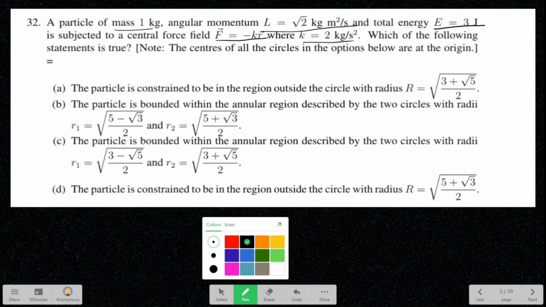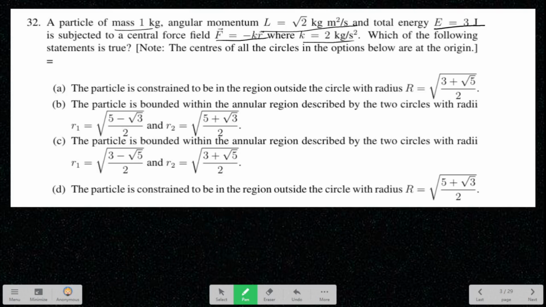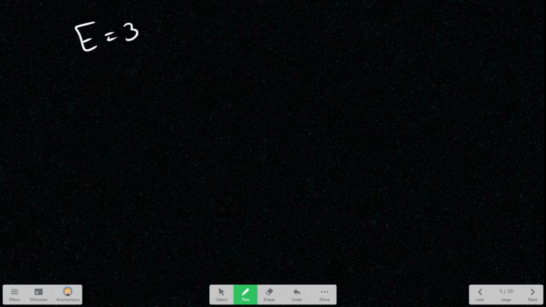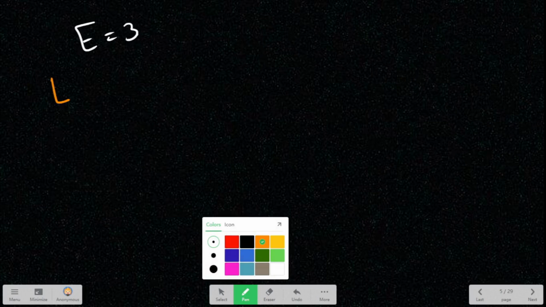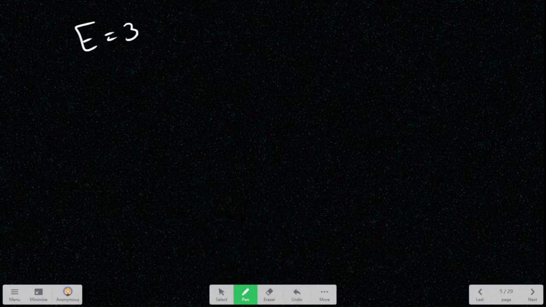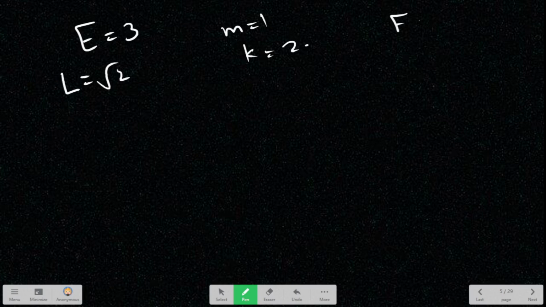Since everything is given in SI units, I am not concerned about units, I will just write the values. So E is equal to 3, L is equal to root 2, M is equal to 1, K is equal to 2, and F is equal to minus KR.